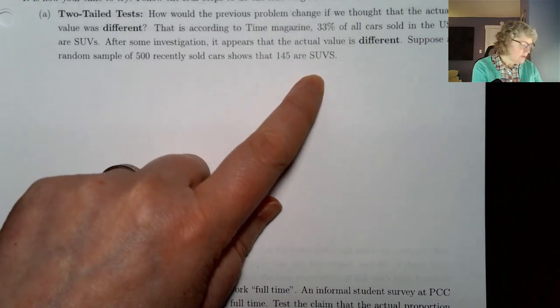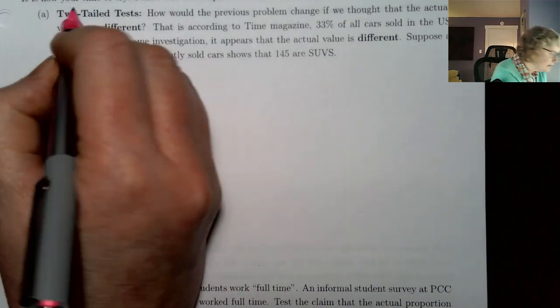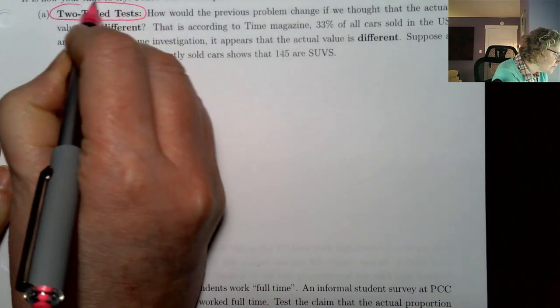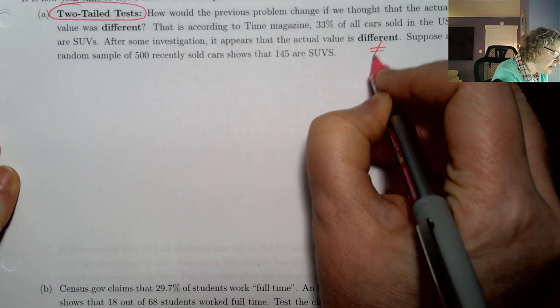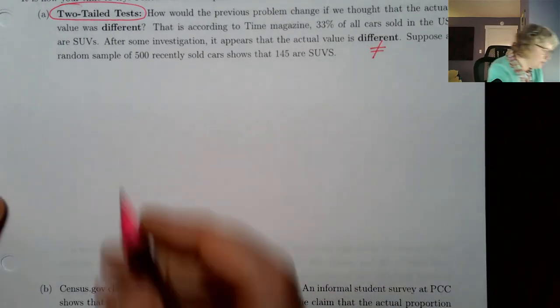Okay, so I'm not going to write out everything because we just did the entire test. I just want to write out what changes for a two-tailed test. So remember, different is not equal to, because it doesn't give us a direction. So I'm going to rewrite out the hypotheses.